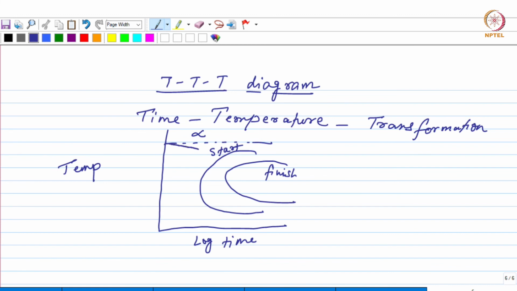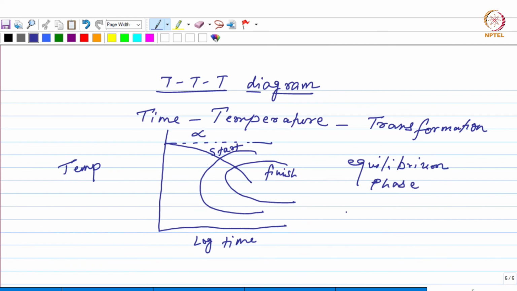So if you cool it down with a cooling rate like this, this is a very low cooling rate, then it will go through both the start as well as the finishing curve, right? And this will lead to the equilibrium phase. When you finally cool it down to room temperature, the equilibrium phase will form.